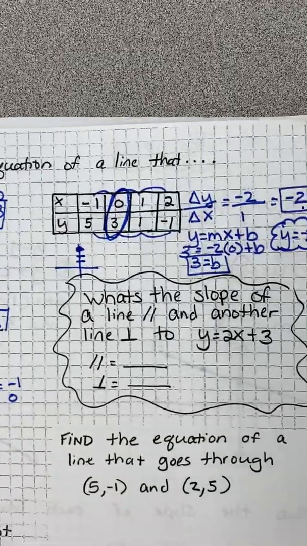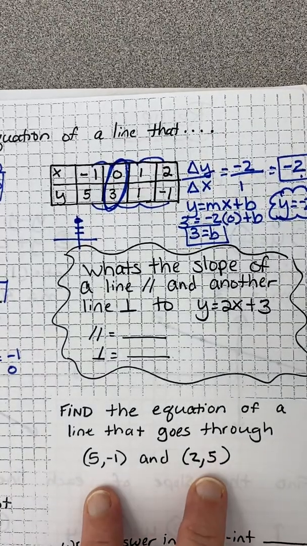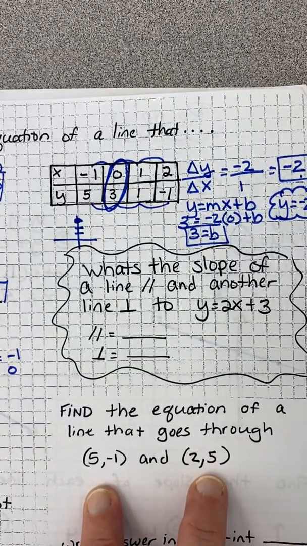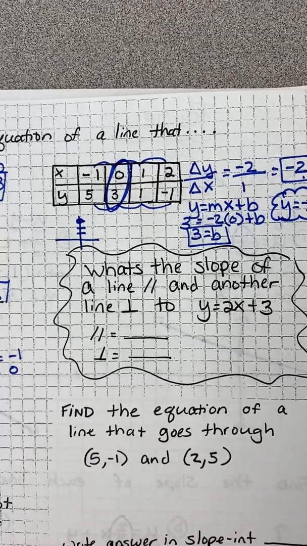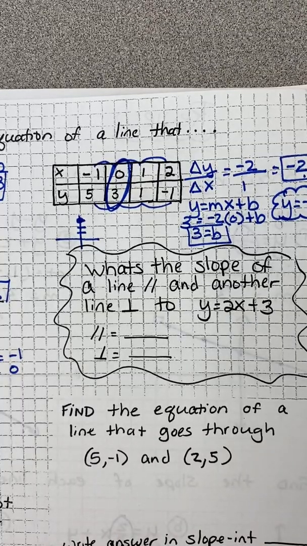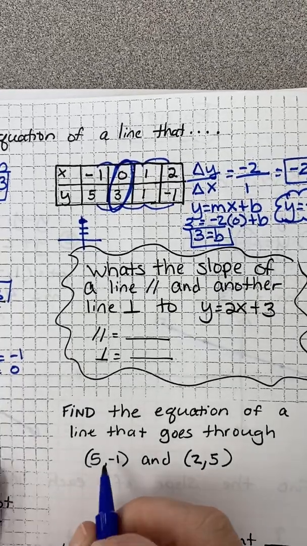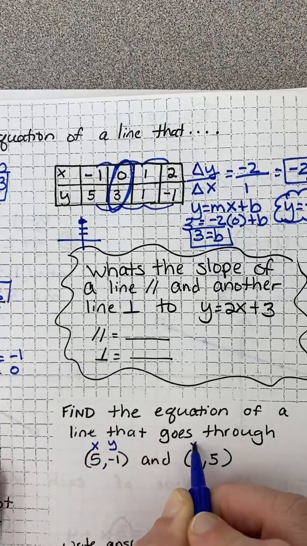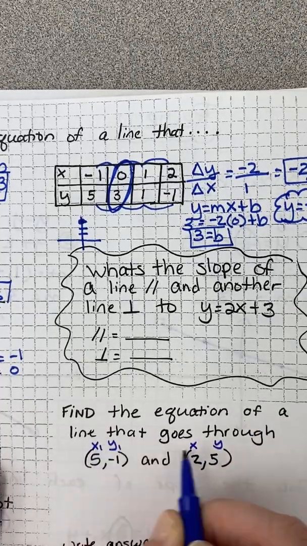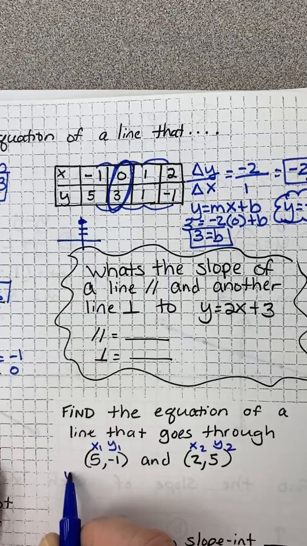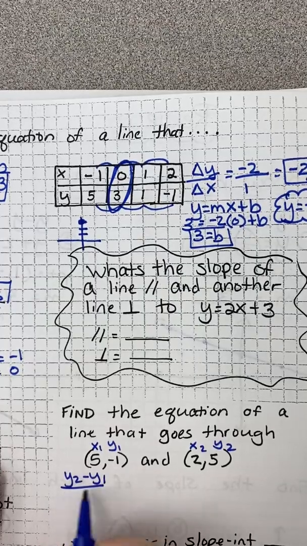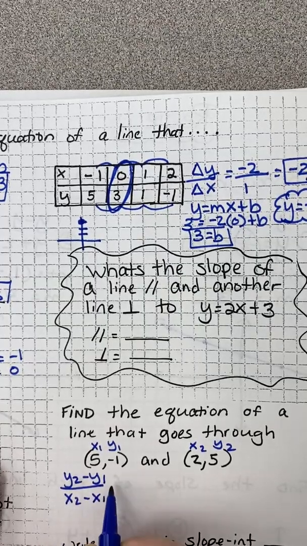Okay? Find an equation of a line that goes through these 2 points. And so I'm looking for the whole equation. So I'm going to use slope-intercept, and I'm going to need the slope. Well, to find the slope, I'm going to do y2 minus y1 over x2 minus x1.